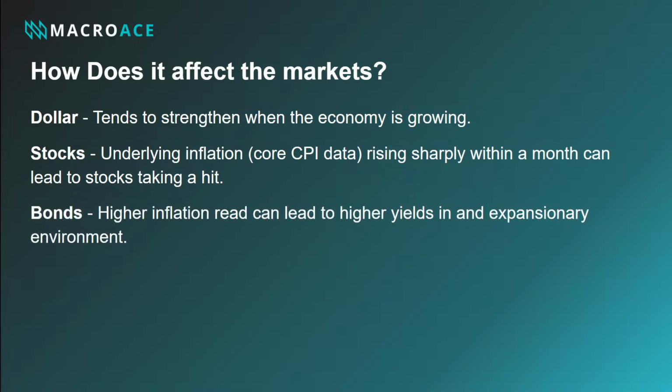For bonds, same as the dollar, higher than expected reads will lead to higher yields and lower bond prices. And usually, when the economy is in expansionary territory and things are trudging along nicely, naturally the market pulls out of the bond market and goes into the riskier assets, into the stock market.